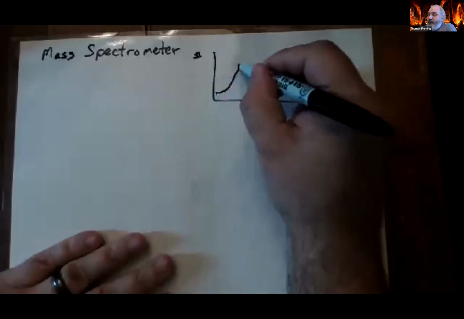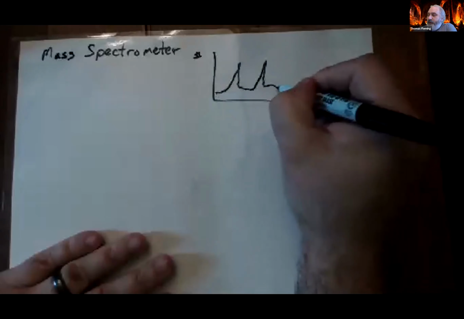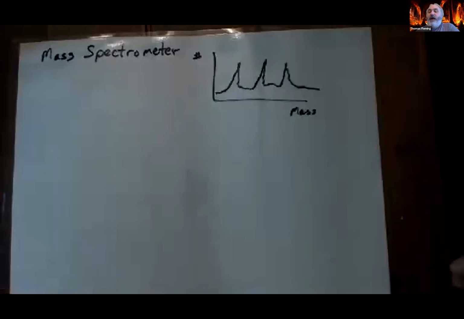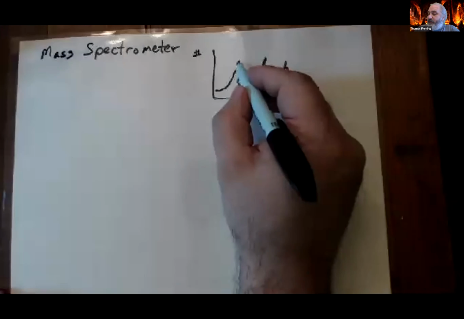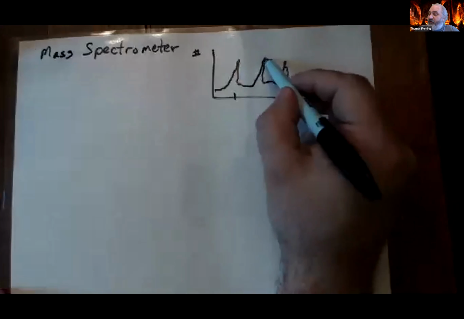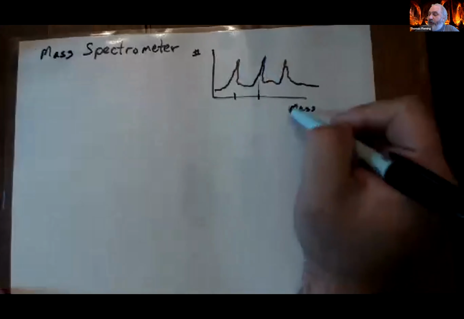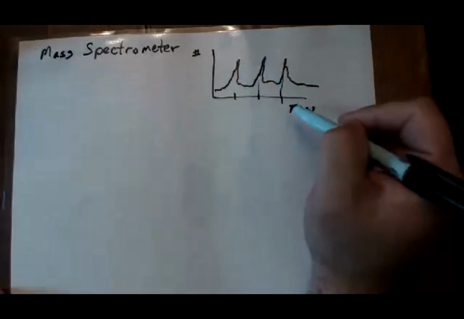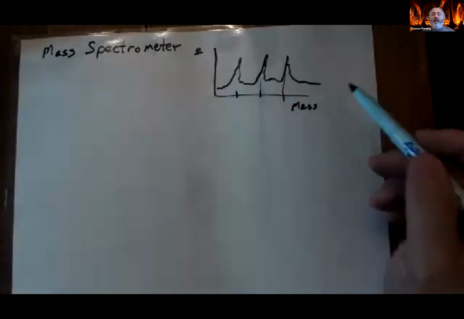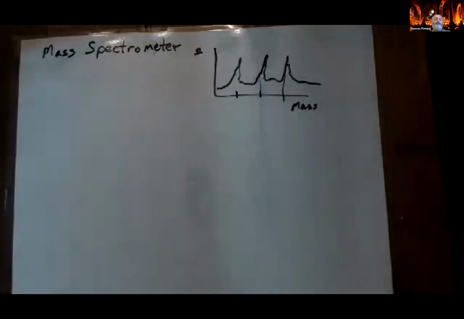So if you've got some gas that's a mixture of a whole bunch of different kinds of molecules, you'd say, oh, this peak right here means I've got a whole bunch of stuff that has this mass. And this peak says I've got a whole bunch of stuff that's this mass, and a whole bunch of stuff that's this mass. And so you can figure out the constituents of some gas of unknown particles by looking at the response on that mass spectrometer. Pretty cool.